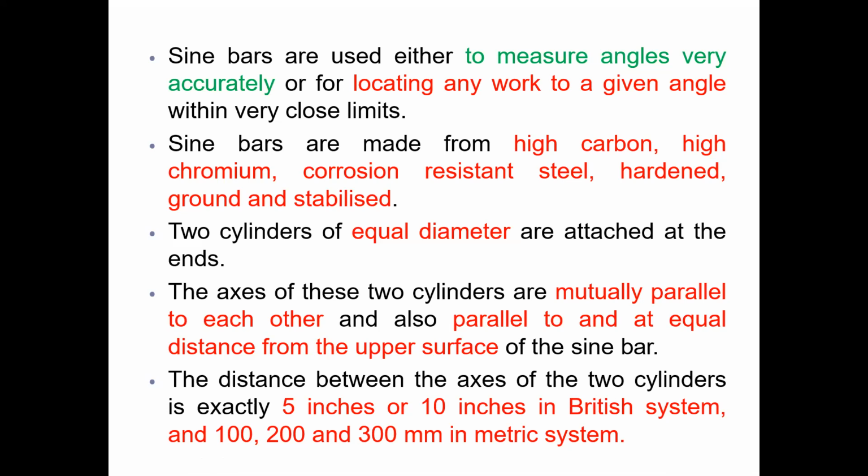Already discussed, the distance between the axes of the two cylinders is exactly 5 inches or 10 inches. This distance is the length of the sine bar, and it may be 100, 200 or 300. Different sizes are available, and sine bars are simply specified with the length 100, 200, 300.